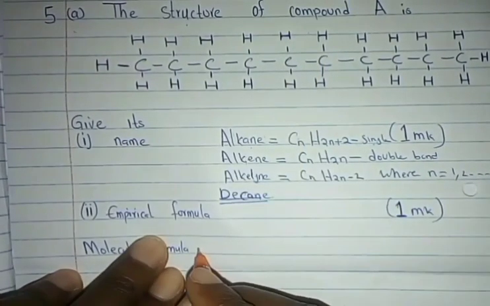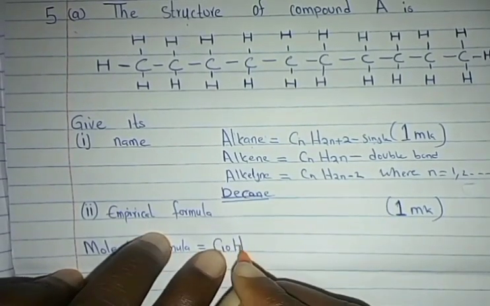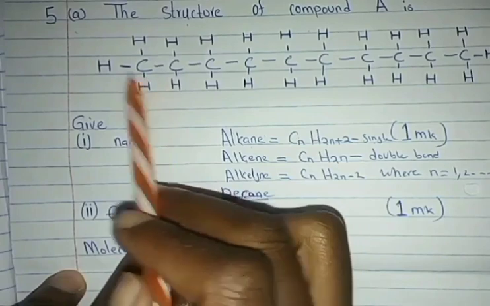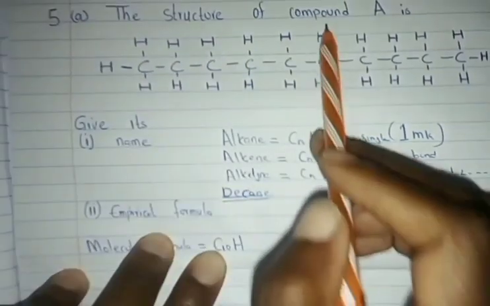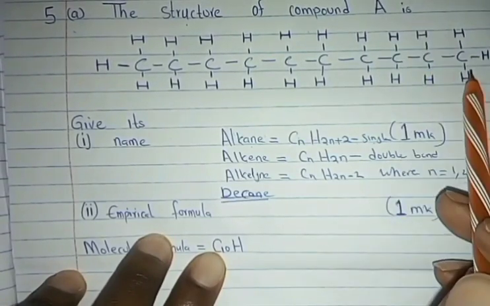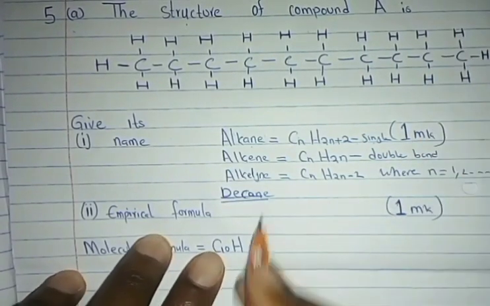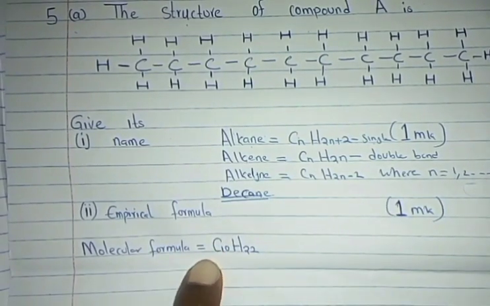We have found that the carbons are 10, and hydrogens, when you count them, you'll get 1, 2, 3, 4, 5, 6, 7, 8, 9, 10, 11, 12, 13, 14, 15, 16, 17, 18, 19, 20, 21, 22. Hydrogens are 22. So this is the molecular formula.